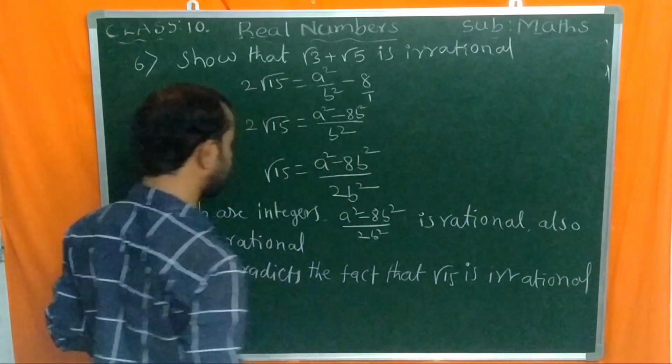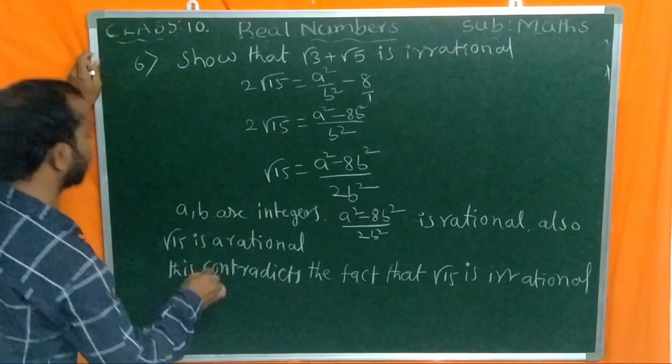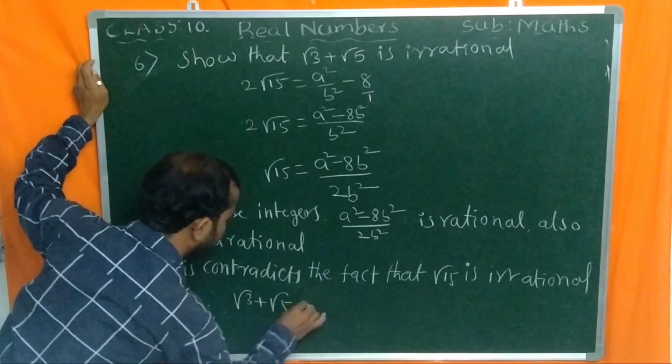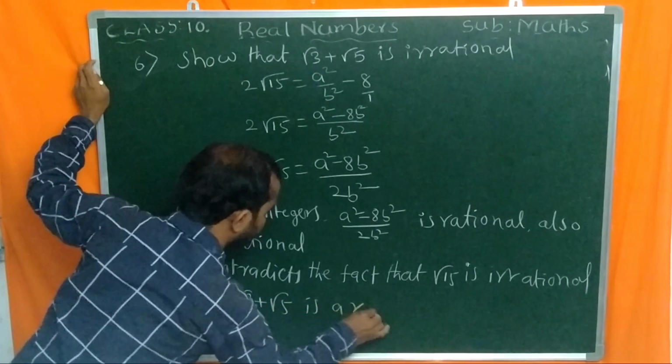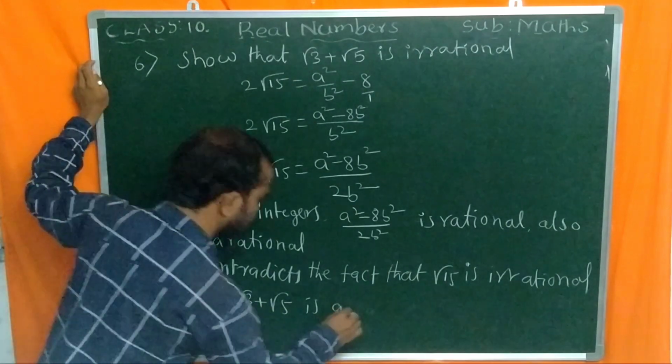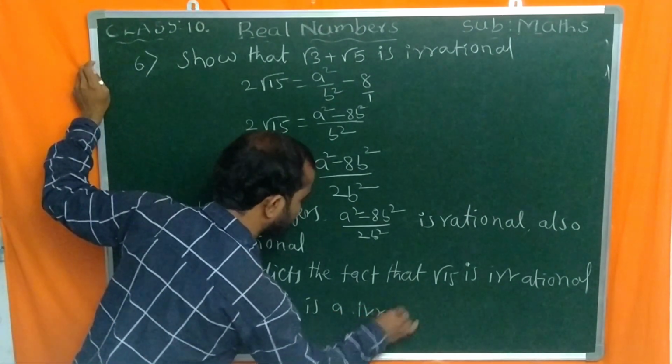So our assumption is wrong. Finally, therefore, root 3 plus root 5 is irrational. Root 3 plus root 5 is irrational.